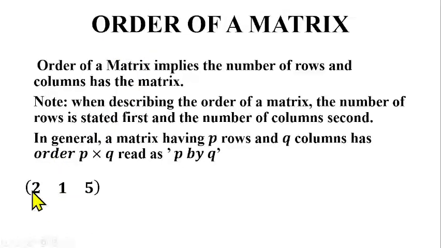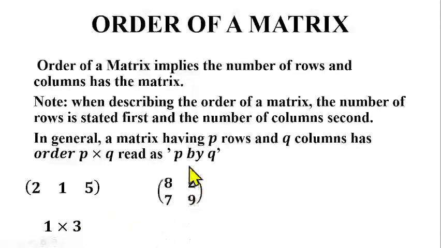Of course you can see that it has one row, and it has 3 columns: 1, 2, 3. So it has one row and 3 columns. So the order of this matrix is 1 by 3, written like this. If you are asked to tell us the order of this matrix, it is 1 by 3. Are we there? That's the order of that matrix.